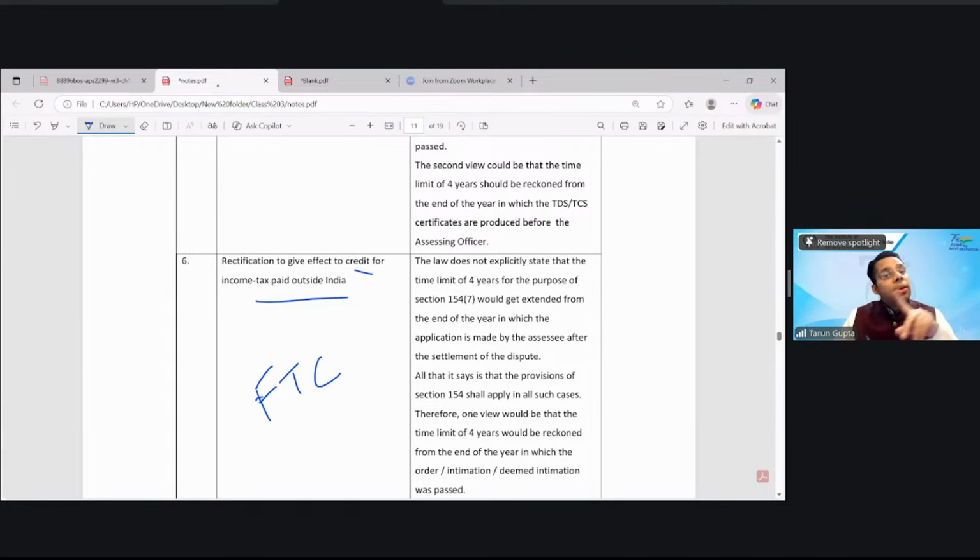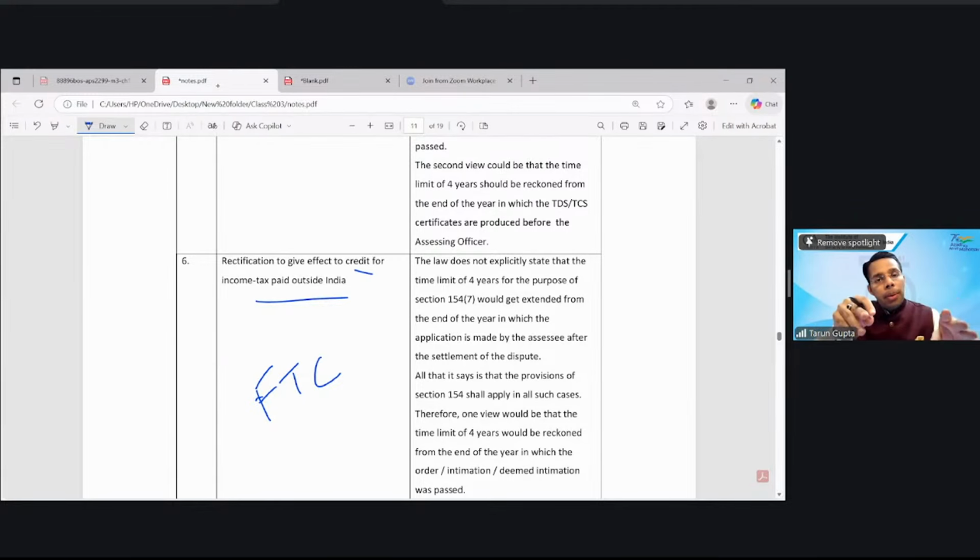Section 155 doesn't provide the timeline from which the 4-year period should be reckoned. So similarly, the first view is that the 4-year period shall be reckoned from the end of the financial year in which the return was filed for that year. Such 4 years has already lapsed. Or the 4 years should be reckoned from the end of the financial year in which the dispute is finally settled.